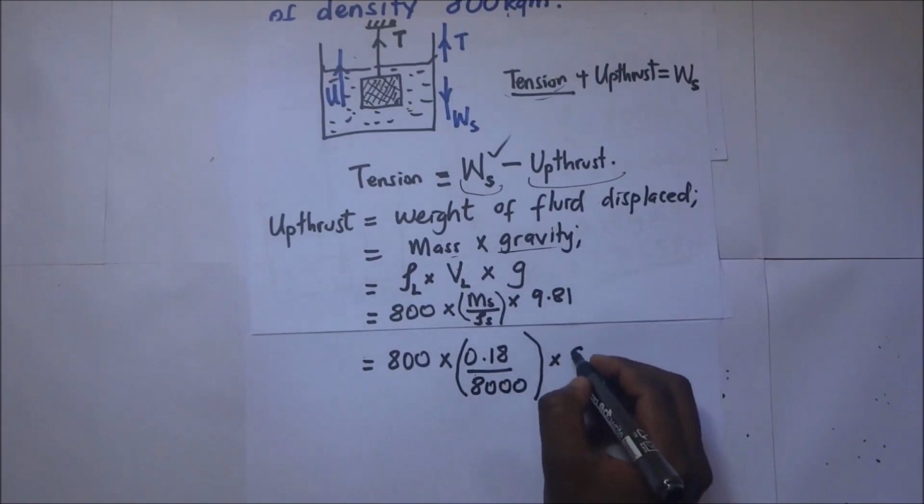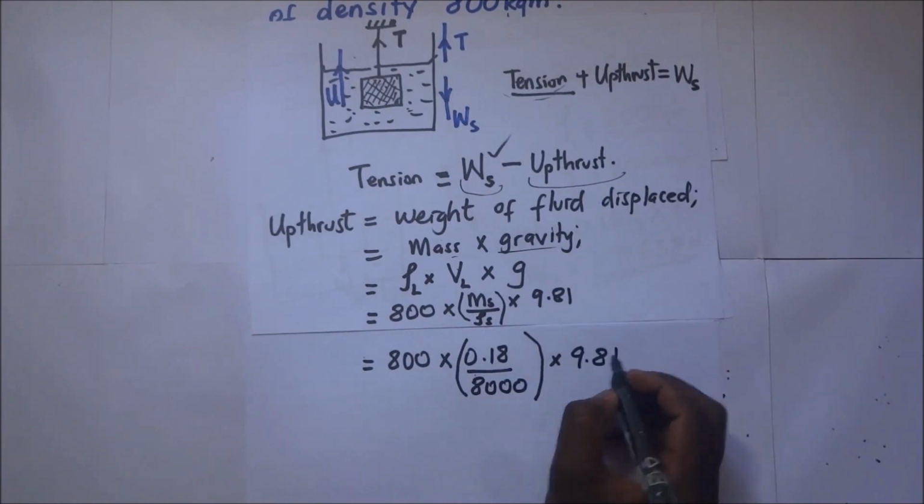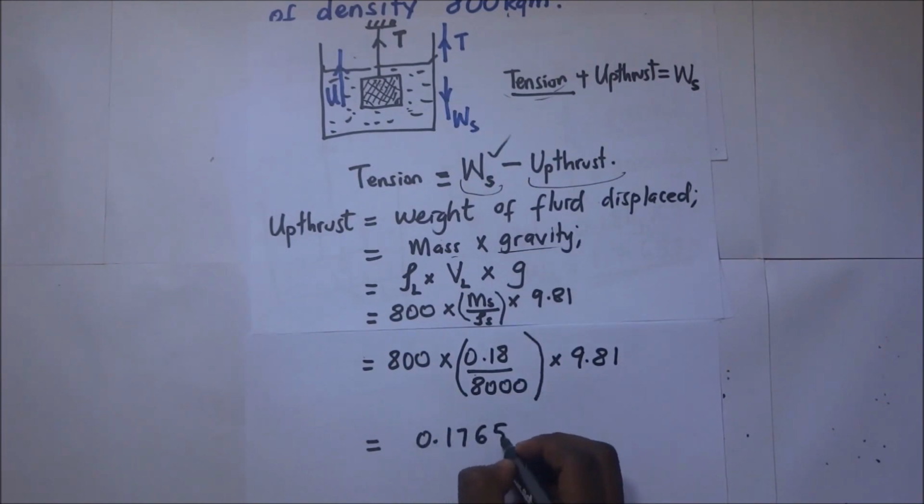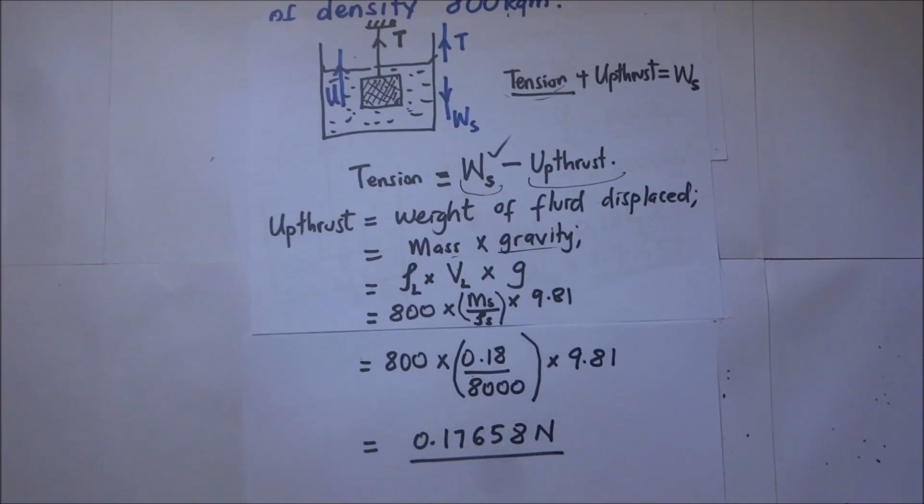Multiply that by the gravity, which is 9.81, and that gives us an answer of 0.17658 newtons. So that's the upthrust force.